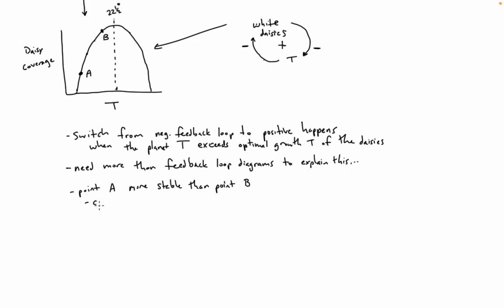And that's because we could survive a larger perturbation in temperature without switching to positive feedback.